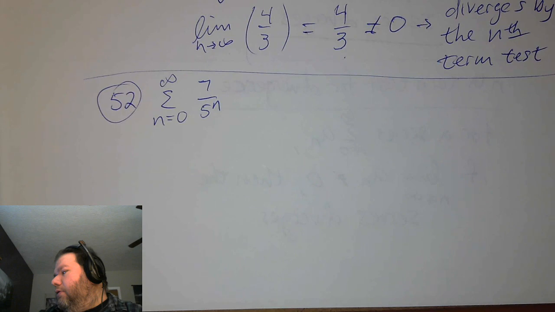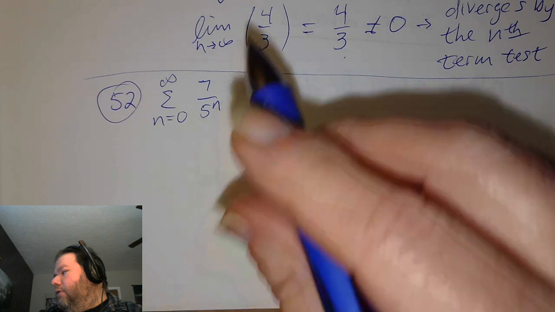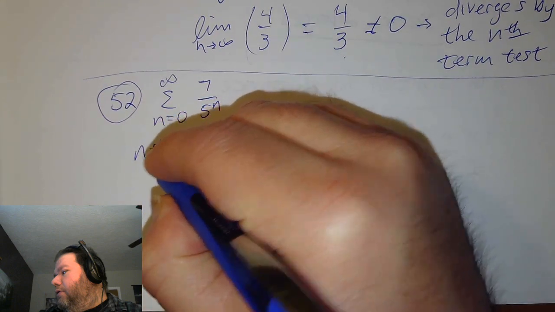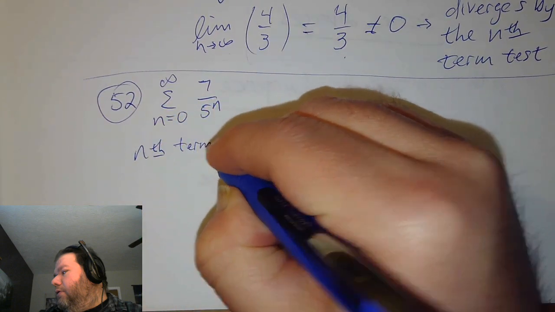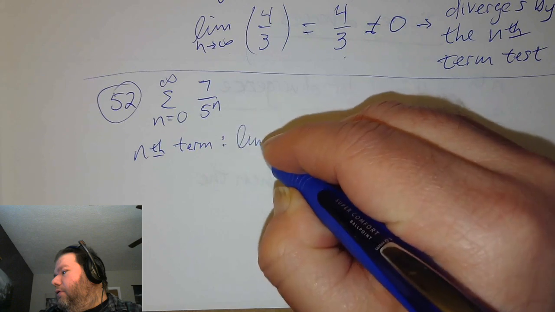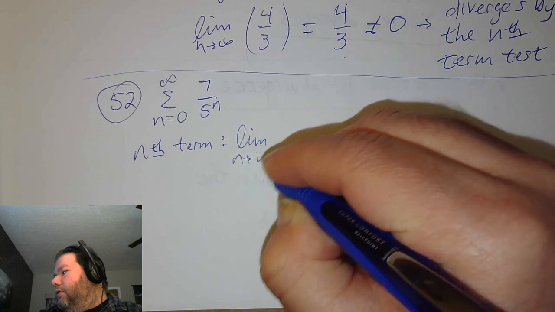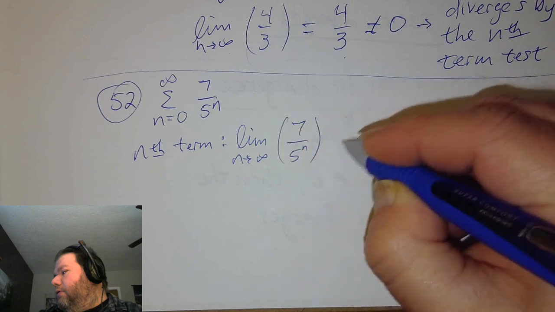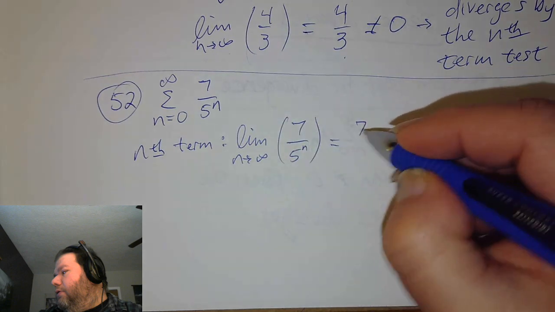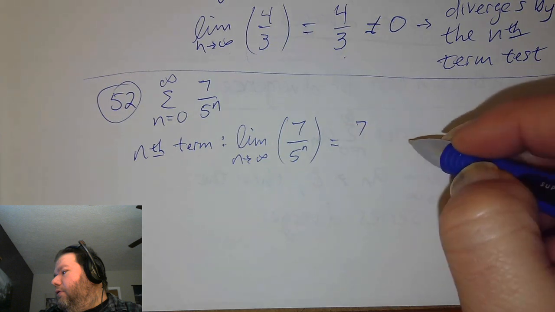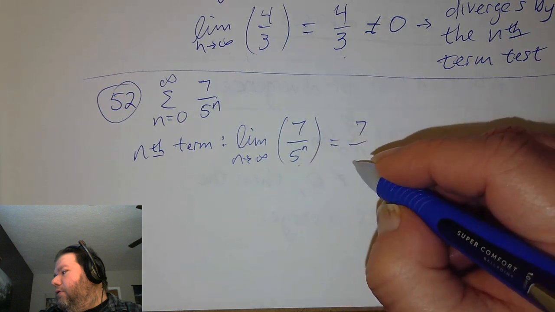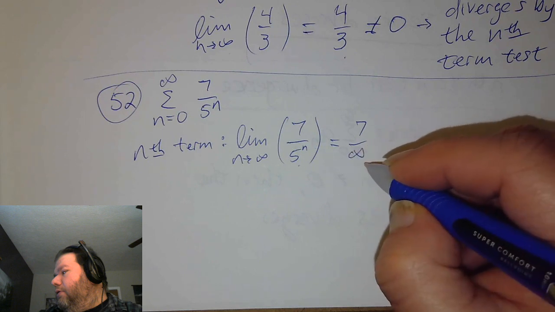We don't have a lot that's available to us right now, but let's try nth term. So we take our limit as n goes to infinity of 7 over 5 to the n. Now 7, there's no n up here, so we'll just make 7. But 5 to infinity power is equal to infinity.